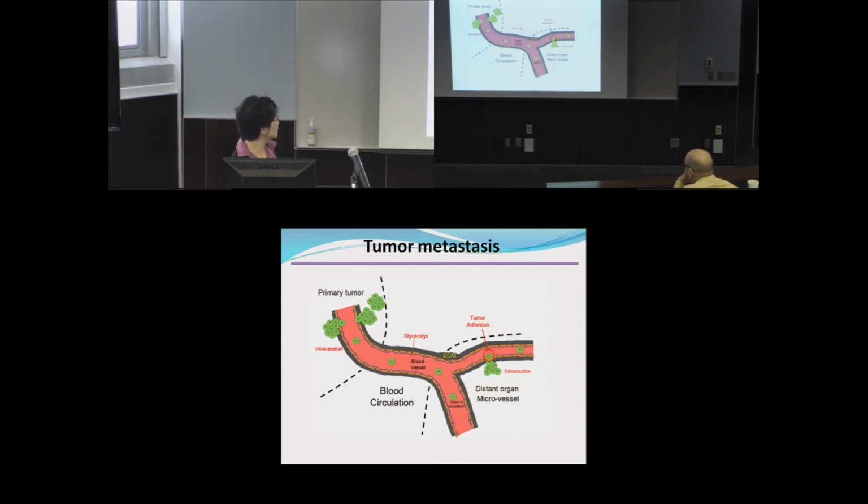Here I just summarize. First, the primary tumor needs to get into the blood circulation, called intravasation. And then they go with the circulating blood, so they are called circulating tumor cells. They adhere and rest somewhere in a distant organ. So there is a lot of story: seed and soil, or the flow pattern, or geometry, or many things.